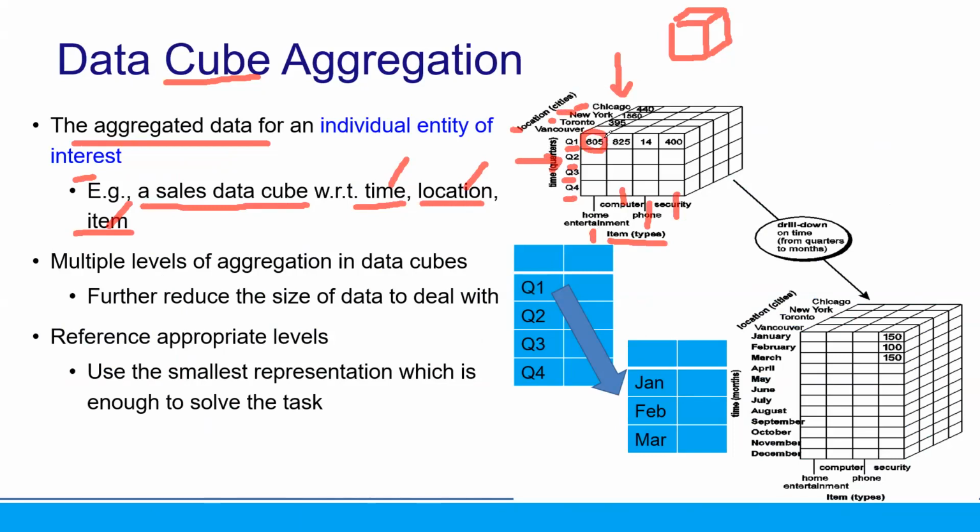Now I would like to know 605. What does it mean? 605 means that it is the sales on Q1, quarter 1, at Vancouver, and the product is home entertainment.